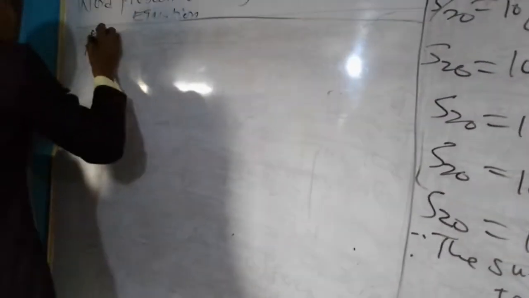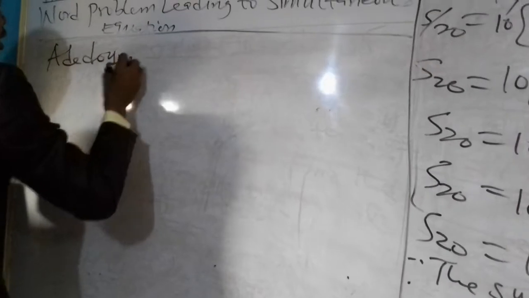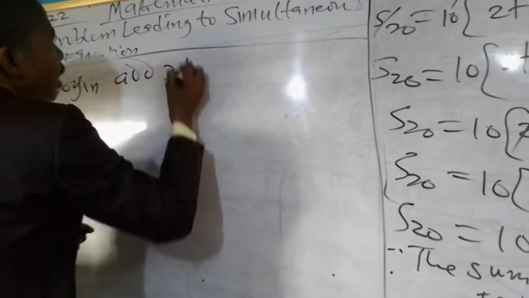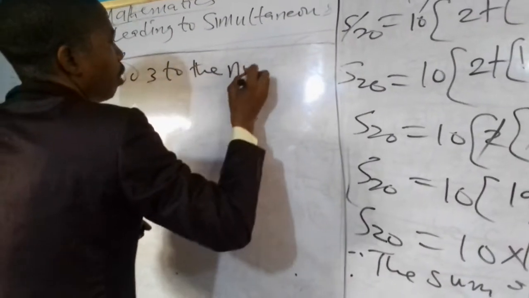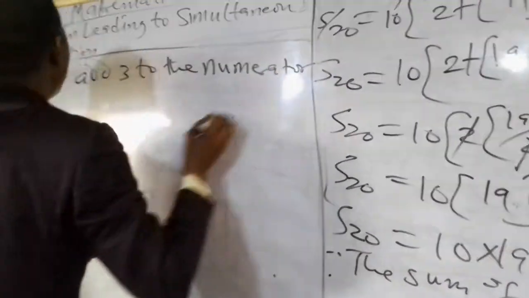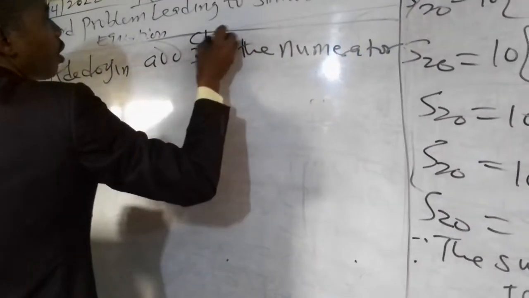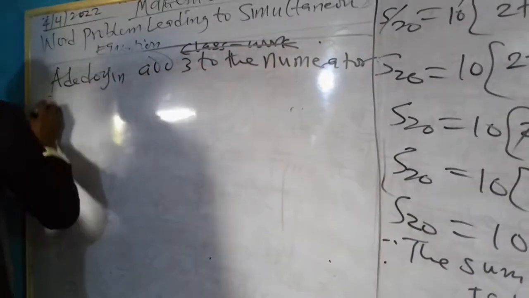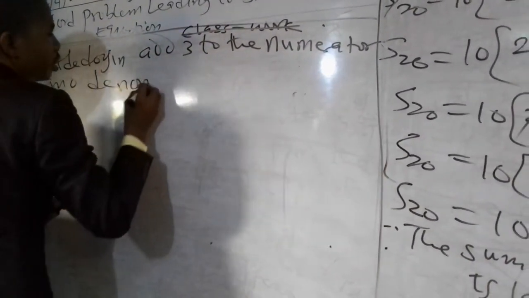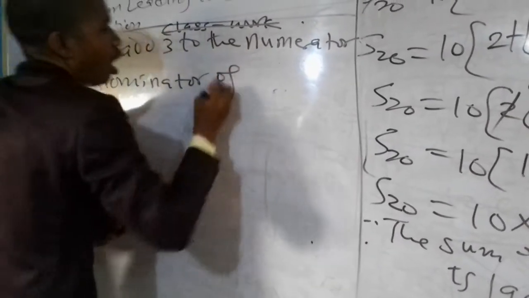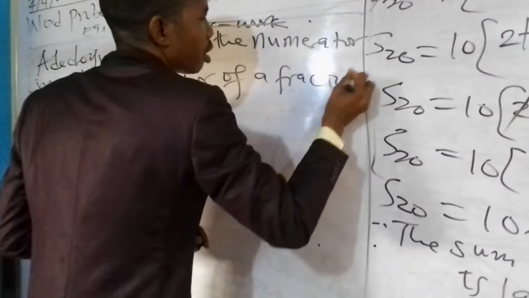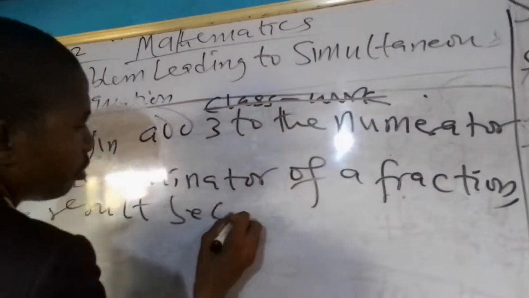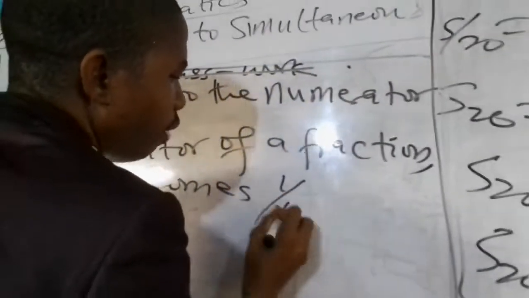This is class work. Add 3 to the numerator and denominator of a fraction. The result becomes 1 over 4.